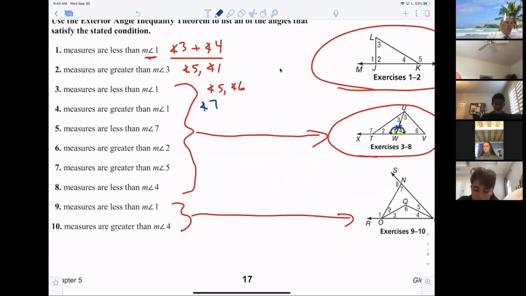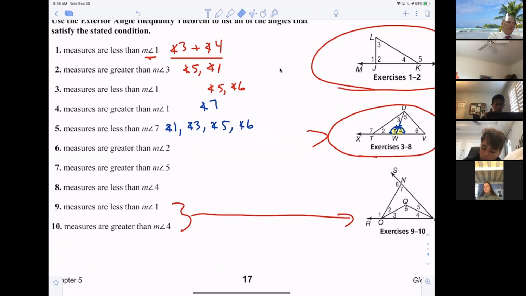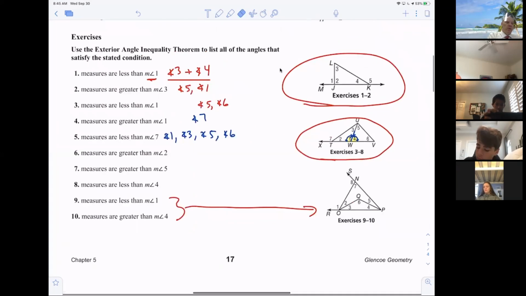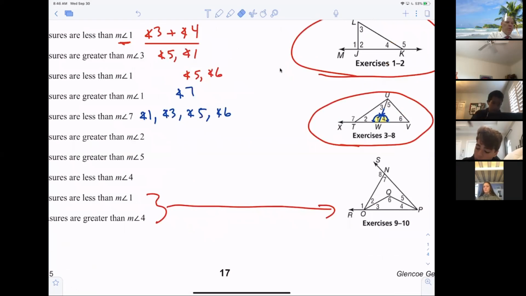All right. Now, what angles are less than angle 7? Tell me. That's what I like. Angle 1, angle 3, angle 5, and angle 6. Now, before you tell me something, double check. Because look what you're not understanding.